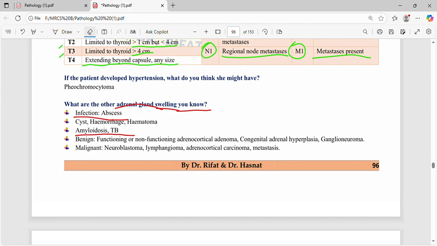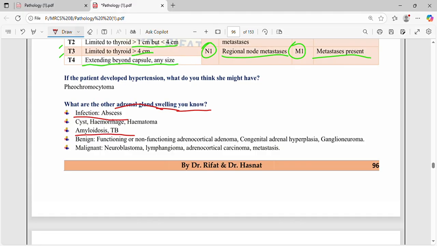And it can be benign: functioning or non-functioning adrenocortical adenoma or incidentaloma, congenital adrenal hyperplasia, ganglioneuroma. Malignant: neuroblastoma, lymphangioma, adrenocortical carcinoma, and metastasis.